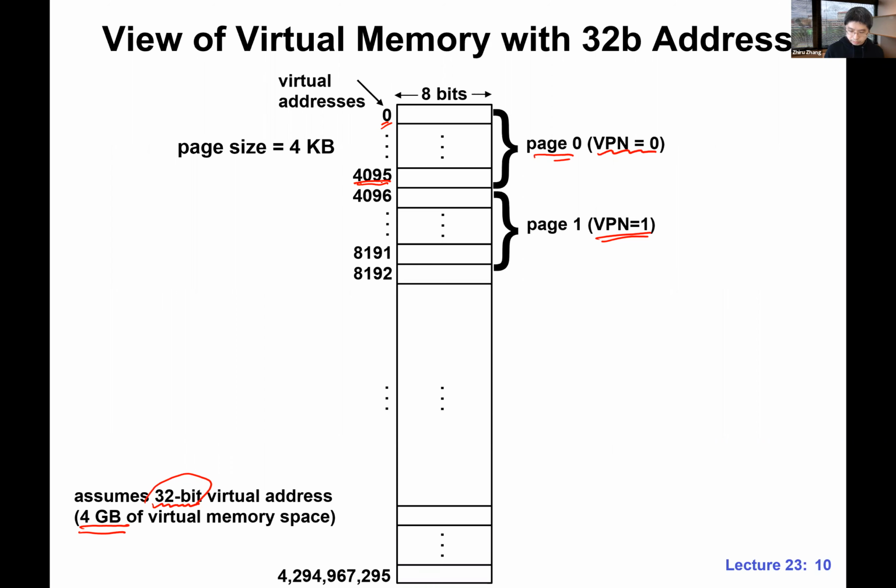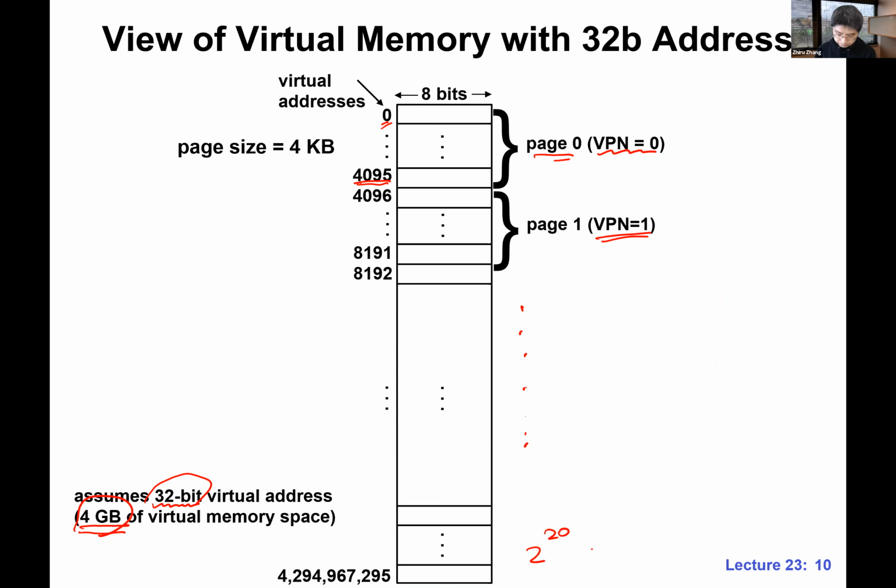How many pages do we have? We have many pages. In this case, we have 4 gigabytes of virtual memory space, and each page is 4 kilobytes. How many pages do we have in total? 2 to the 20.